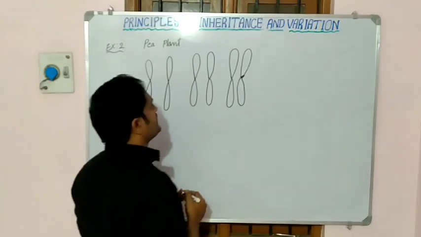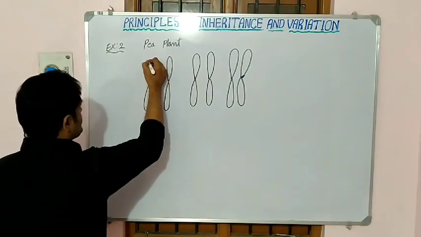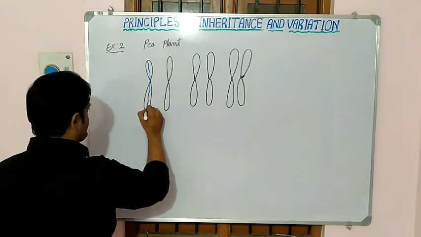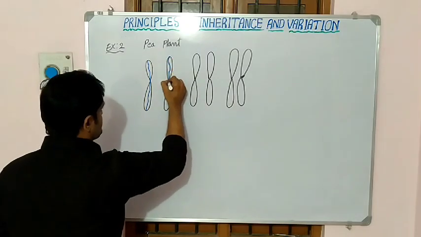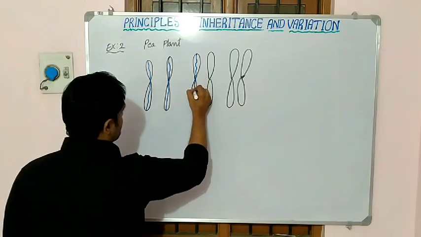Here I will take 3 pairs of chromosomes. Already you know, the inside of the chromosome consists of double stranded DNA. See, this is called double stranded DNA.